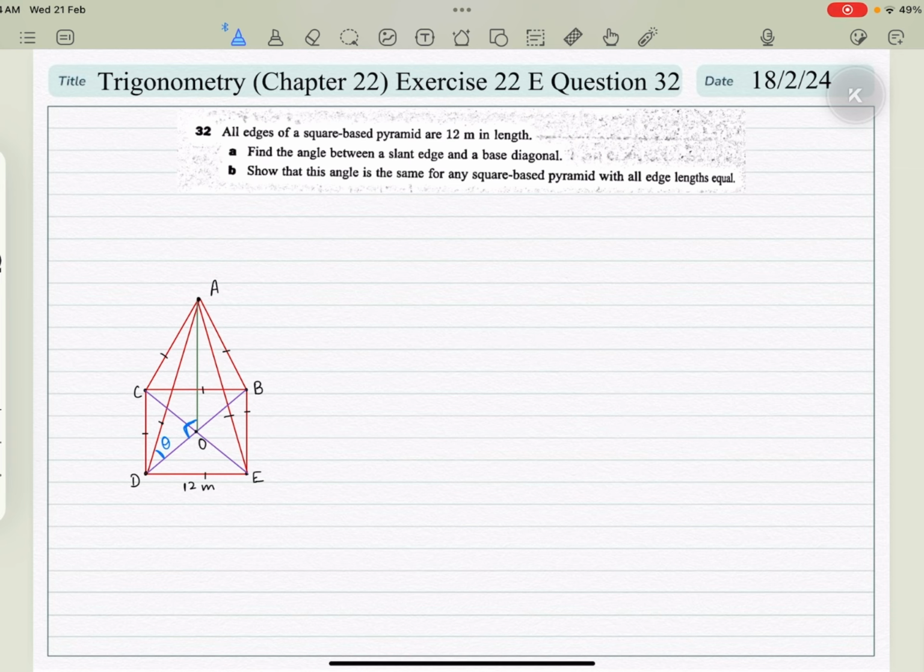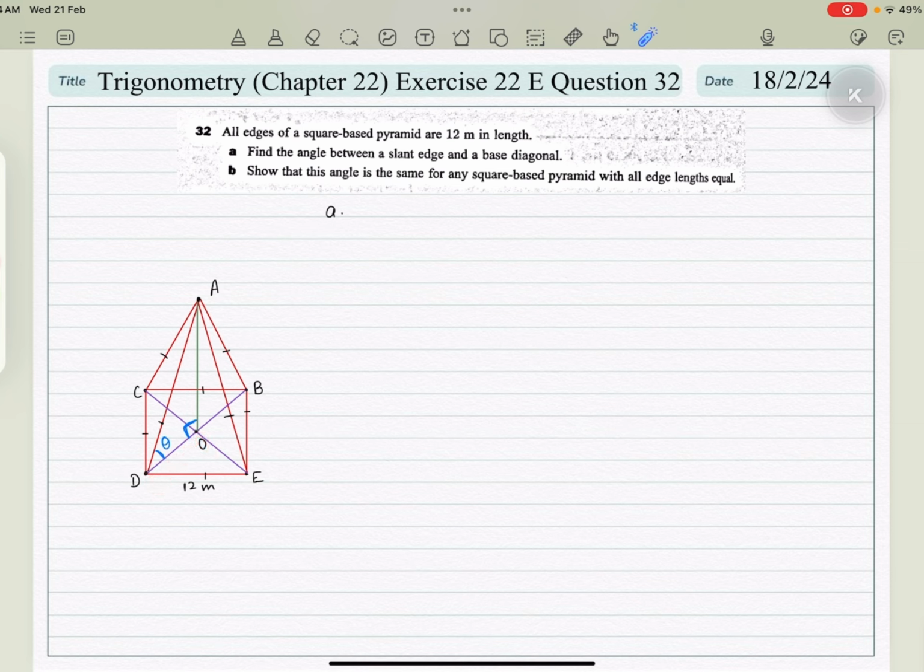When we have drawn this figure, we can start solving the first question. It says that we have to find an angle. To find theta, the first thing is we have to find the length of this and this. This we know is 12 meters, as we already said, but we have to find out this length.